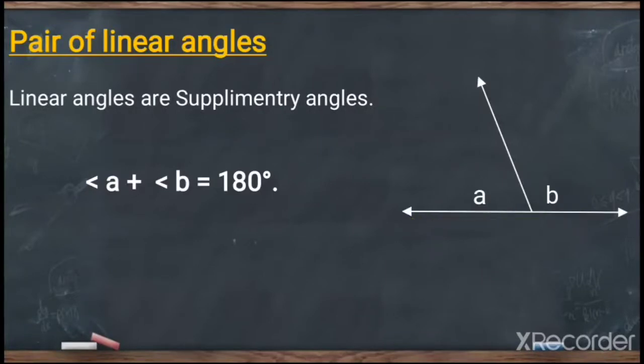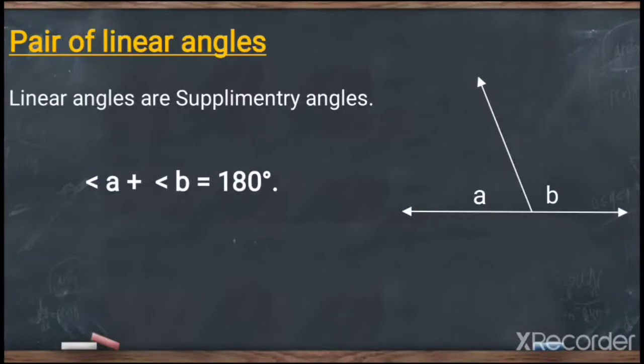Therefore, if you add angle A and angle B, you will get 180 degrees. Therefore, the property of linear angles is that linear angles are supplementary angles. Supplementary means their addition is 180 degrees.